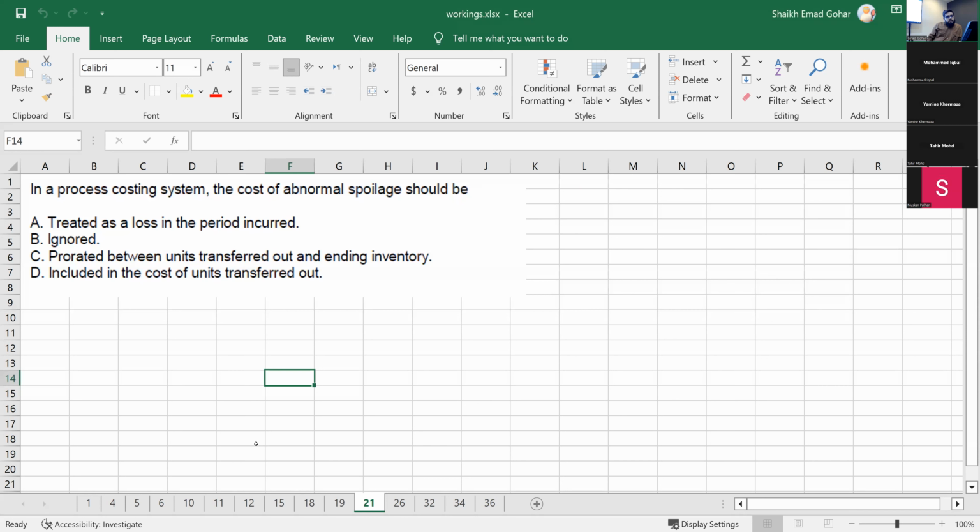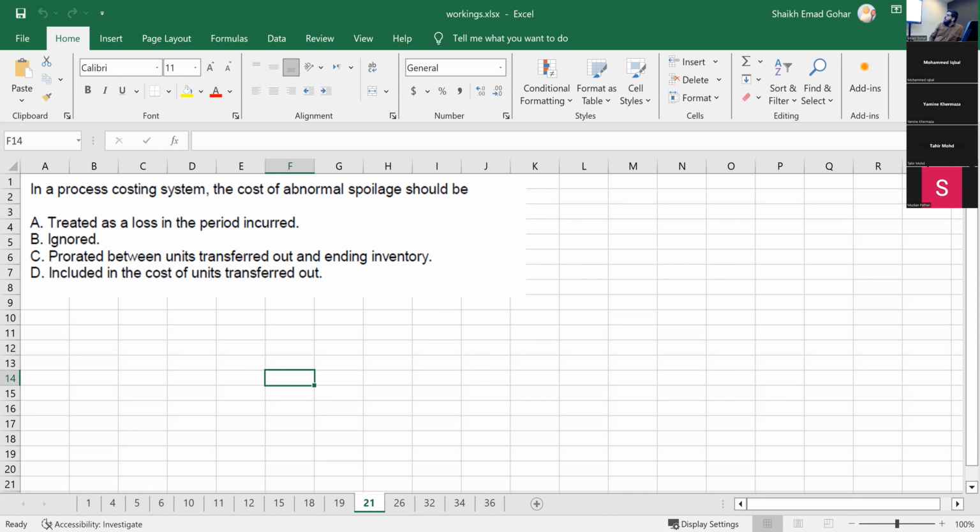Okay, do this one please. In process costing, the cost of abnormal loss should be what? Very simple question. Can we ignore the abnormal loss?